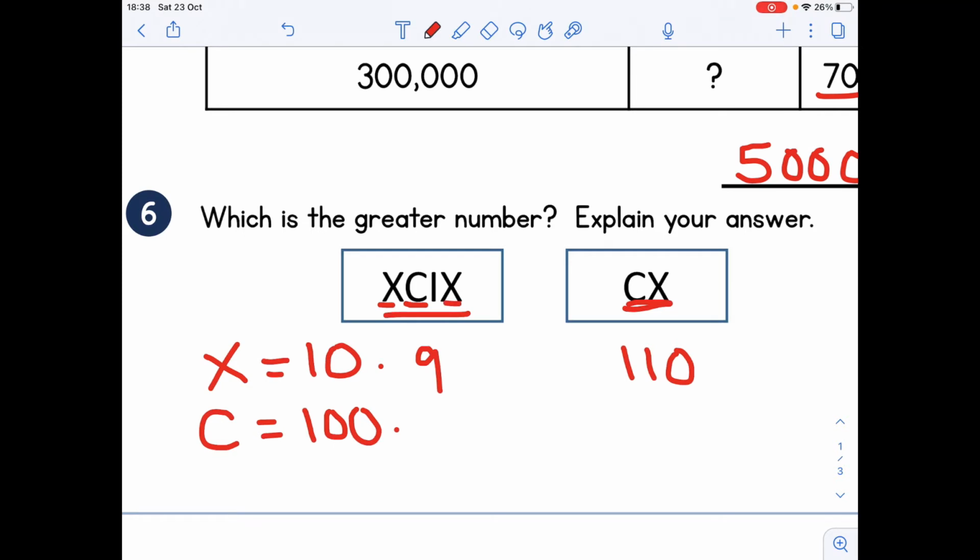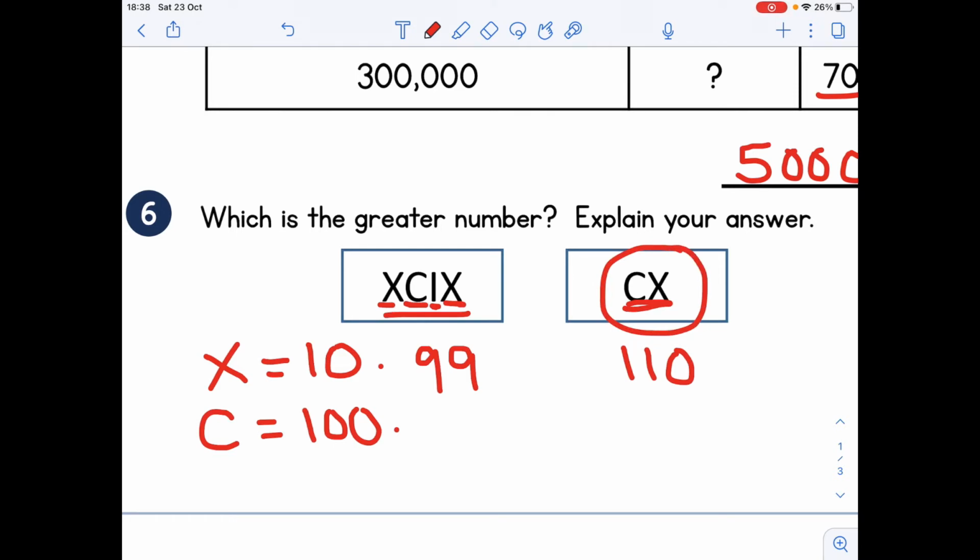Same here with the X. You've got 10. Before it, we've got I, which stands for 1. So 10 take away 1 gives you 9. So this represents 99. So this is the greater number.